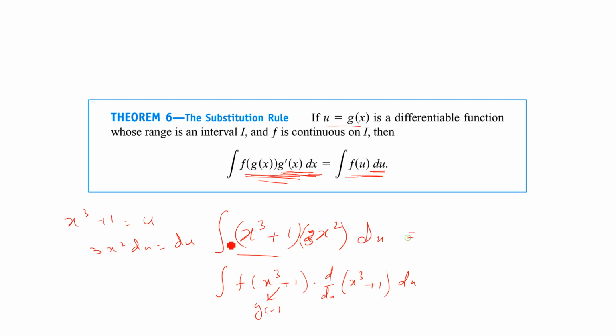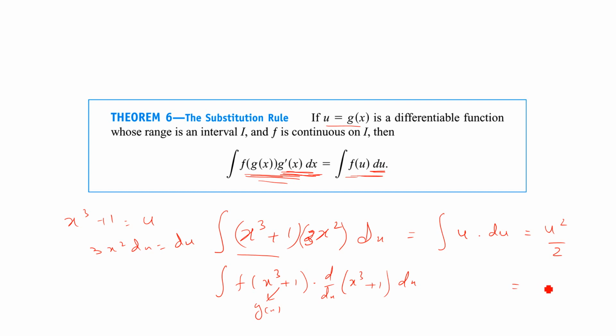Now, by making this substitution, it can be written as the integral of u du. And now we can use the power rule. It will be u square divided by 2. Ultimately we need an answer in the original variable, so we have to do the backward substitution.